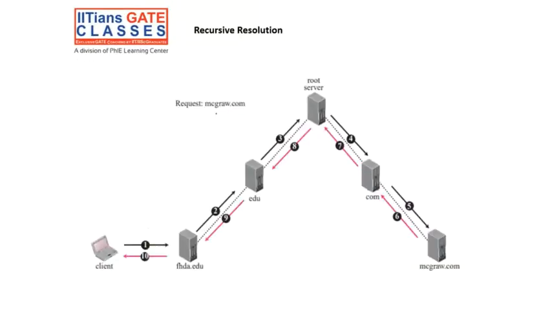Now see that one. There are two solutions for the resolution. One is the recursive solution. The second is the iterative solution. In the recursive, let's say we are asking for mcgrow.com. So I need the address of this.